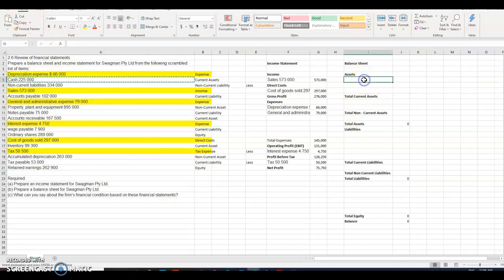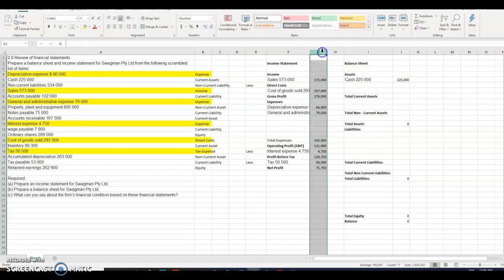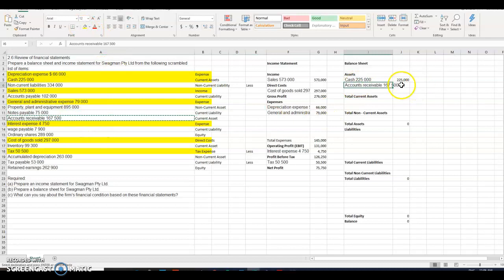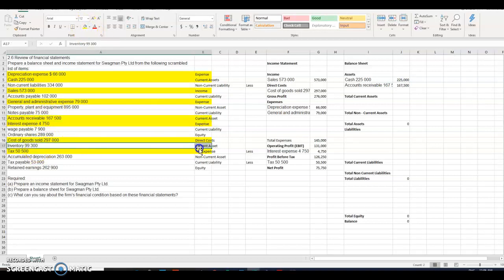So first we're going to do our current assets, because that's where we begin. So we're going to find all the current assets, accounts receivable, and last but not least, inventory.